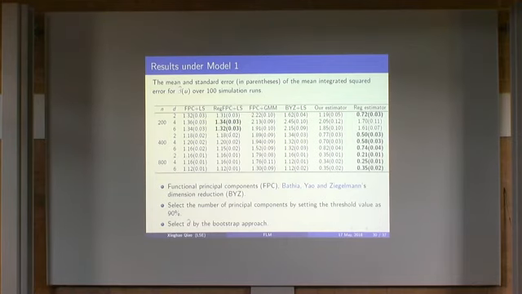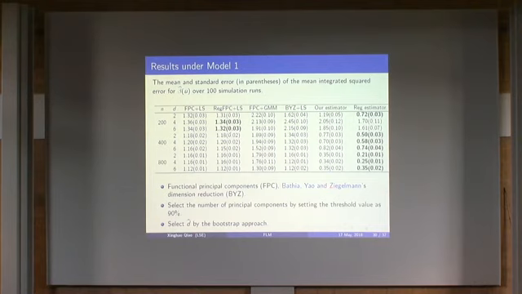And this is the part we feel a little bit confused about, and we don't know a very good way to select the dimension of the signal components. But as you can see, as the sample size increases, especially for 800, if D can be estimated reasonably well, then our non-regularized estimator is good enough.